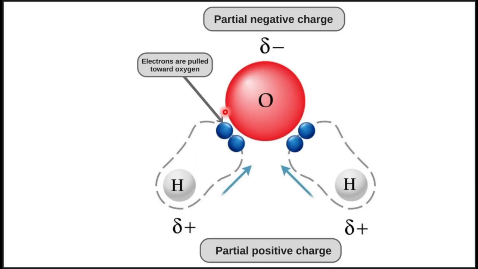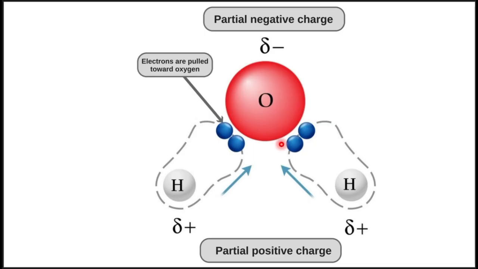A region is made around the oxygen that is more negative than the area around the two hydrogen atoms. So here the electron density will be higher. This pulling of electrons will be towards oxygen. So water is a polar molecule because its oxygen is strongly electronegative and it will pull the electron pair towards itself, away from the hydrogen atoms, thus acquiring a slight negative charge.